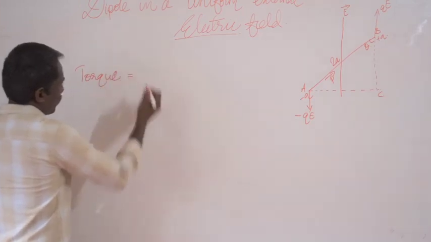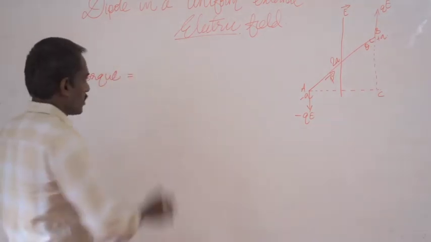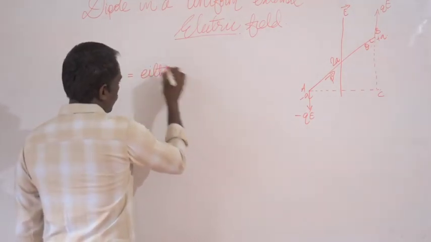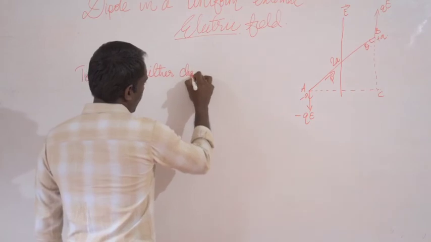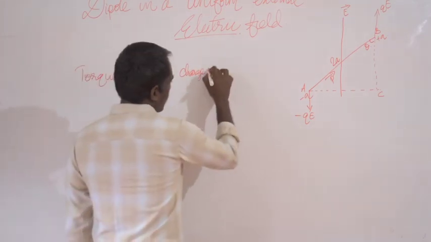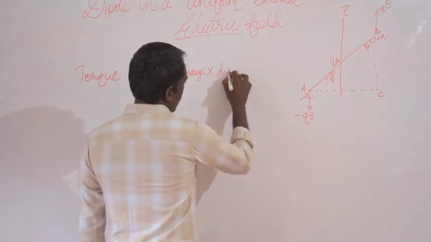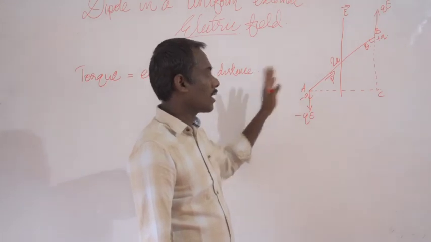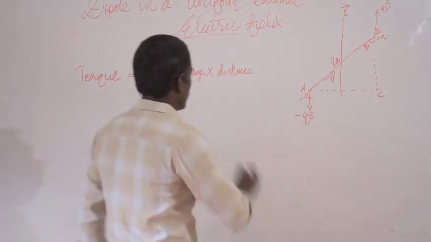and torque is equal to, and how is this torque produced? The torque is produced by either the positive or negative charge, into the perpendicular distance between the anti-parallel forces.